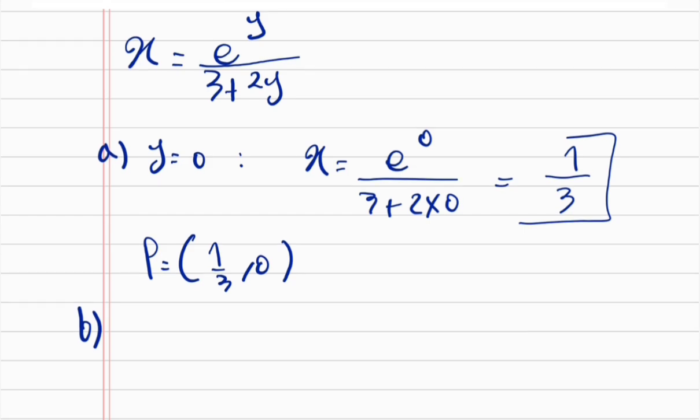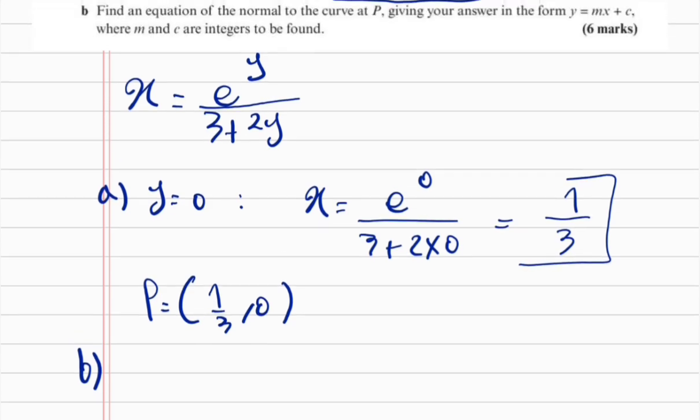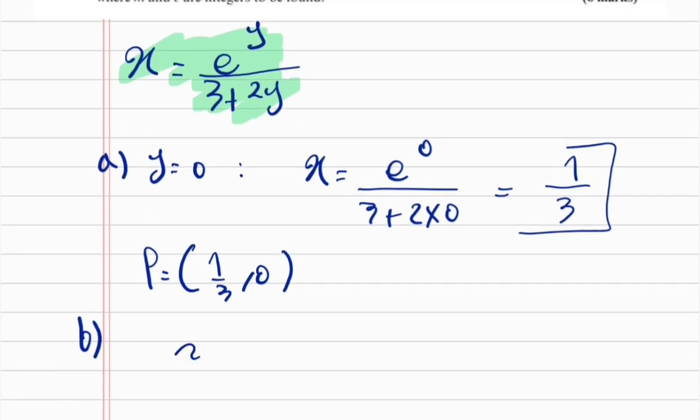But the only thing here is that the function is written in terms of y, and we want to differentiate this. As usual, we can't just do dy dx here because the function is not written in terms of x.